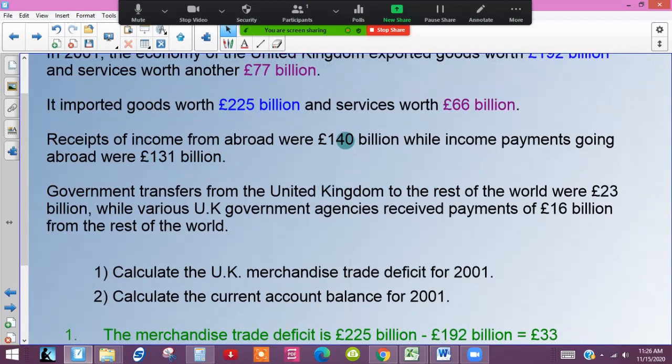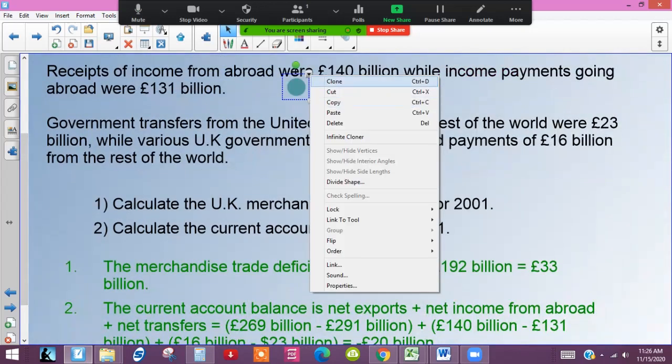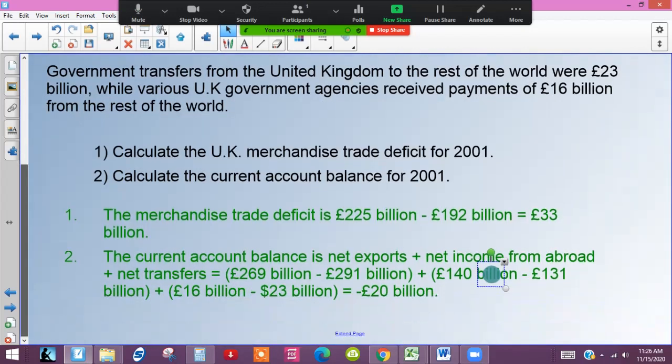So the net is going to be the difference here. Let me just do two of these, okay? So this is going to be positive, right?